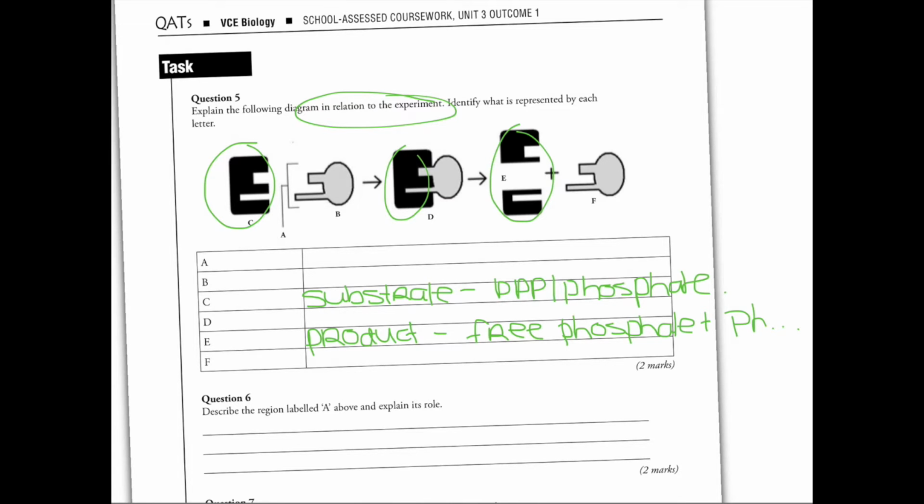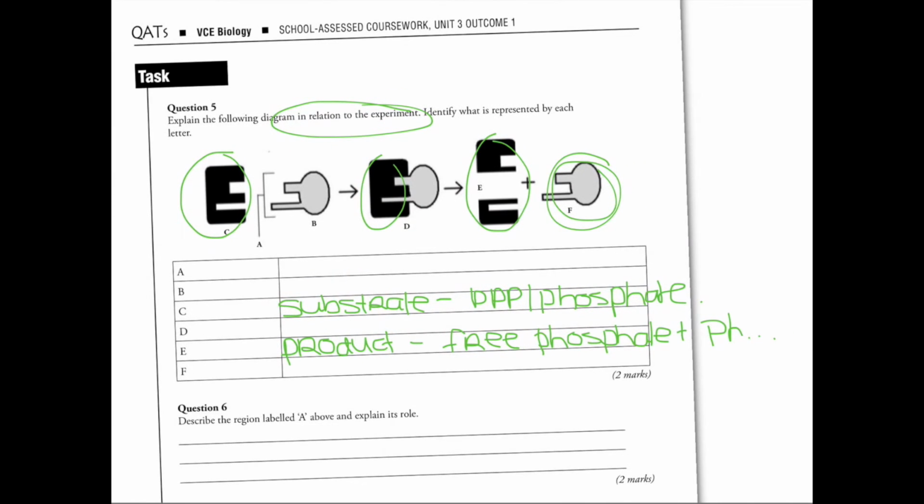Okay. So F, that's obviously still the same. That hasn't changed from here to here to here. So we'd say that that's definitely the enzyme. Okay, then we can work backwards.